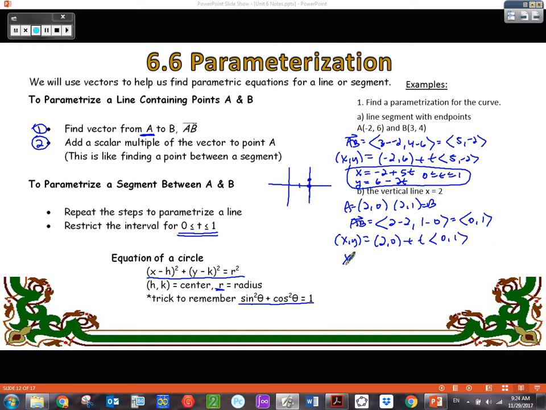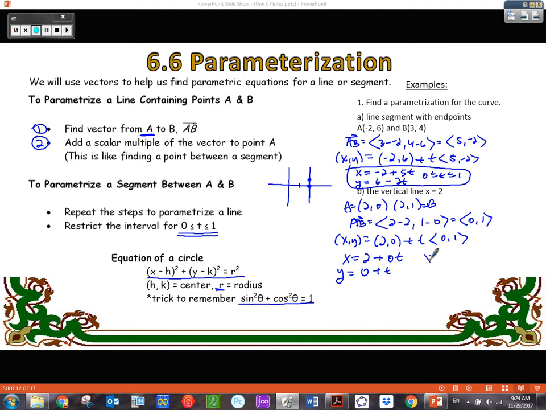So x is going to be 2 plus 0 times t. That t is going to go away. We'll simplify it in just a moment. And y is going to equal 0 plus t. Now you can certainly leave it like that. I'm okay if you leave the 0 in there because that makes sense. But why don't we just go ahead and simplify it? Let's kind of clean it up a bit.